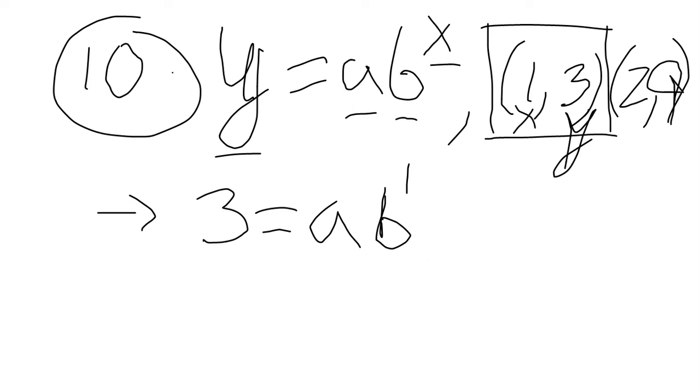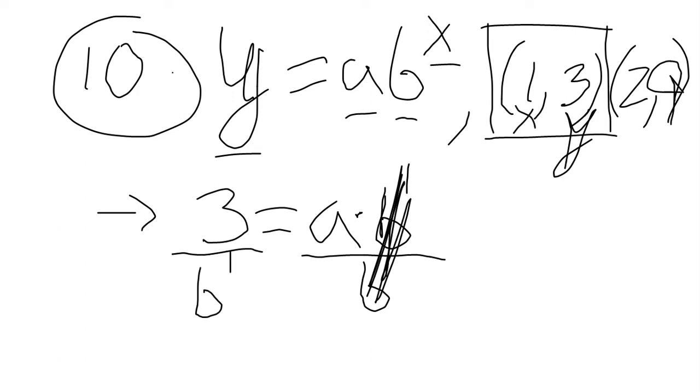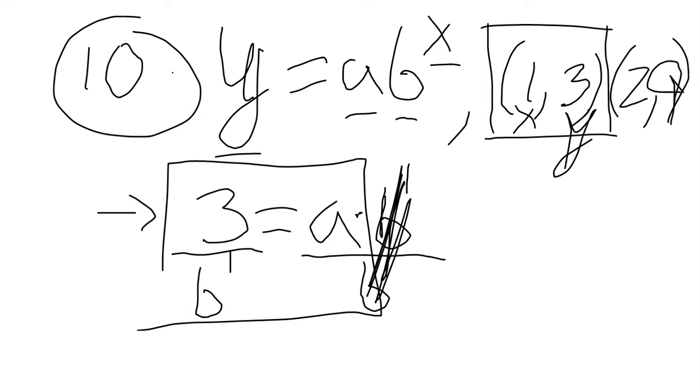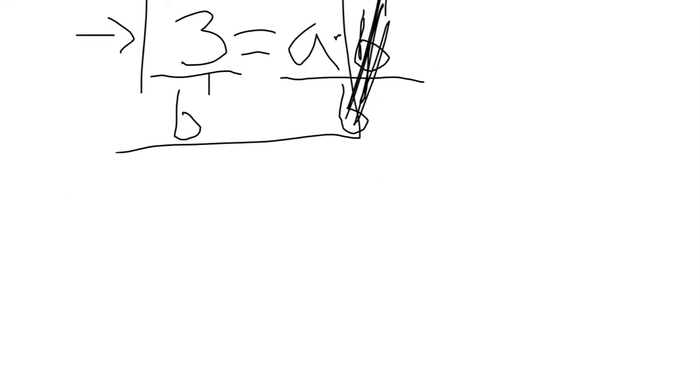Once we have this, we are going to solve for a, or try to get a by itself. To get rid of this b to the first, I'm going to divide the right side by b to the first. And whatever we do to one side, we have to do to the other. So now I have this equation that we will use a couple times later in this problem: a equals 3 over b to the first.